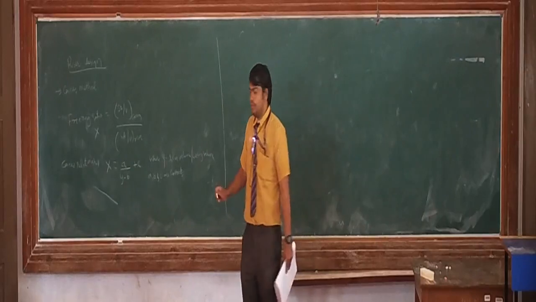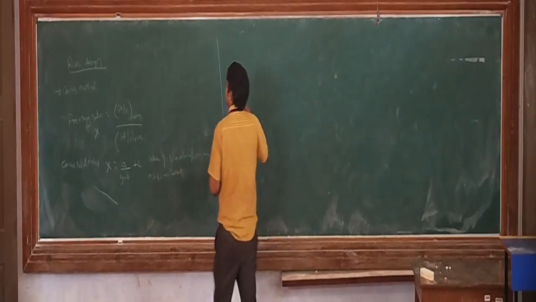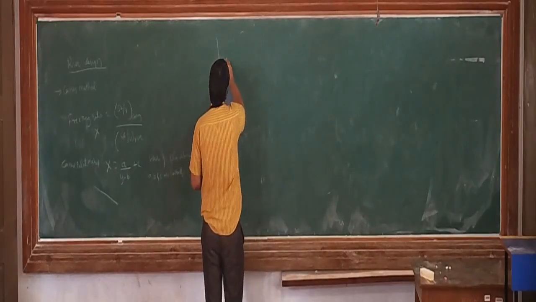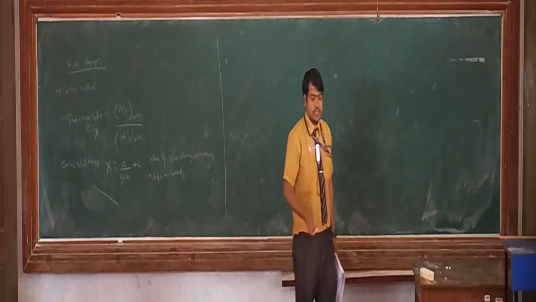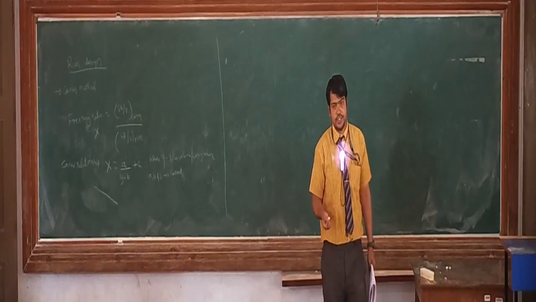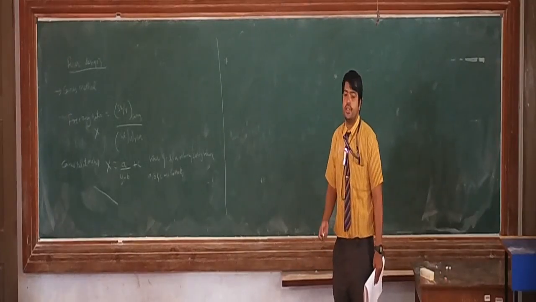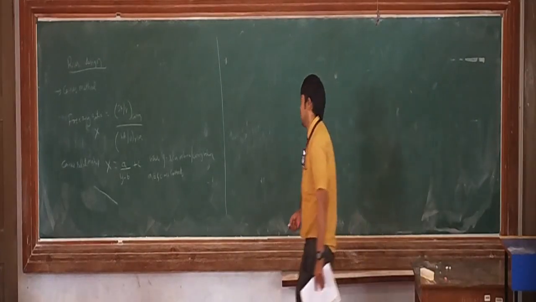Okay, we'll solve one problem on riser design. In the last class, we have discussed the functions of the riser or the requirements of the riser, types of riser and the definitions of riser. So, I am directly going for the riser design.